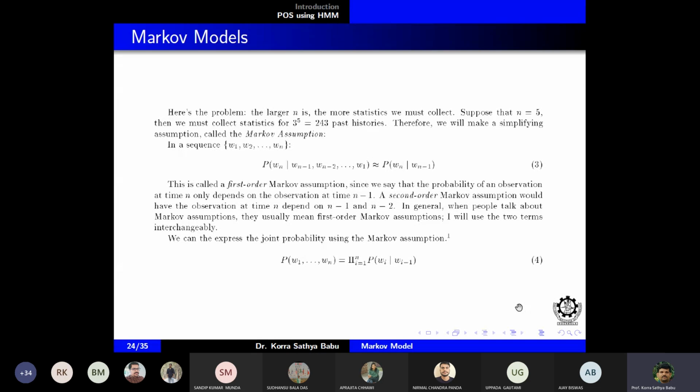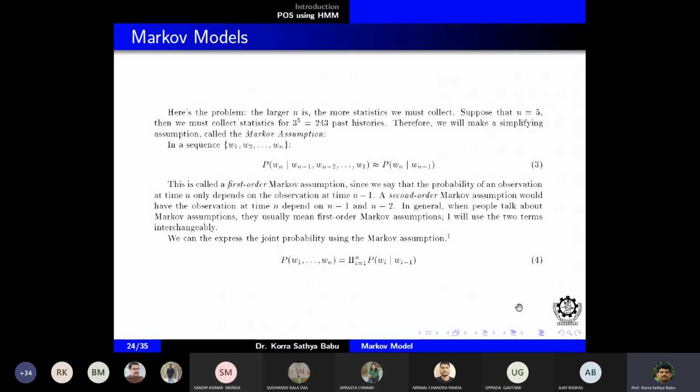So for the sequence W1, W2, W3, up to Wn, the probability of Wn given Wn minus 1, Wn minus 2, Wn minus 3, like that up to W1, can approximately be given like this also, if we are interested only in bigrams: probability of Wn given Wn minus 1, meaning one day before history.